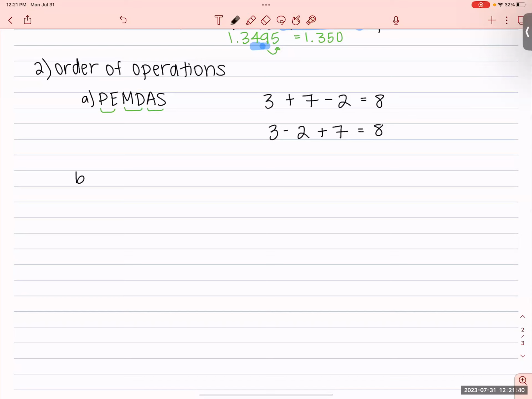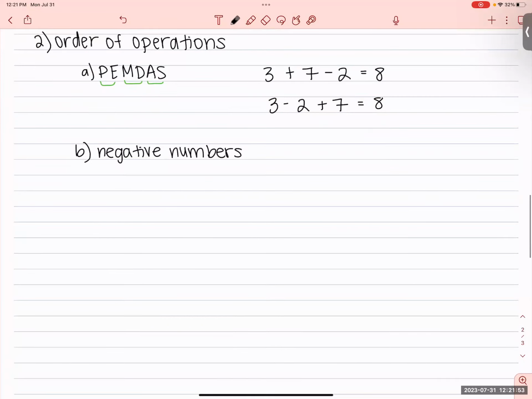Okay, let's talk about negative numbers because I consistently have students of all levels that don't always recognize that negative numbers are not quite as difficult as I think they are.